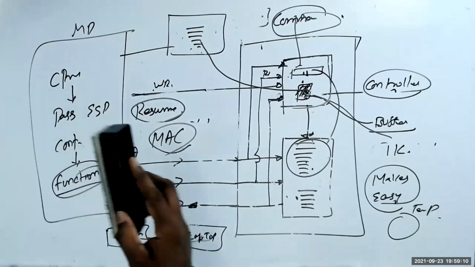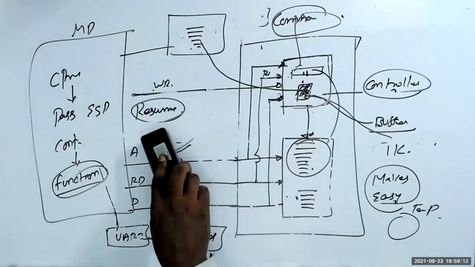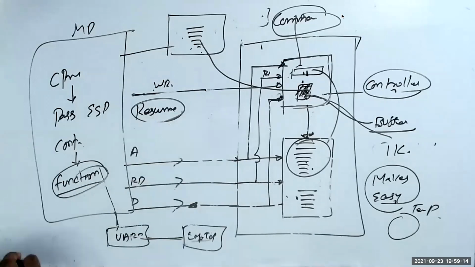But he's asking about booting the memory, and it's not coming into the memory; it's coming into the Ethernet MAC. When we discuss Ethernet, I will tell you about the MAC address.